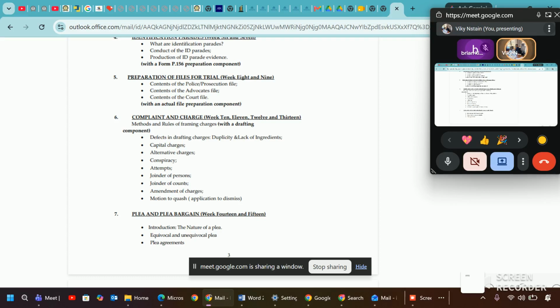The page that my notes do not have contents, but I can say it summarily that we have exhibits in the same file, witness statements, digital evidence, an inventory, expert reports.